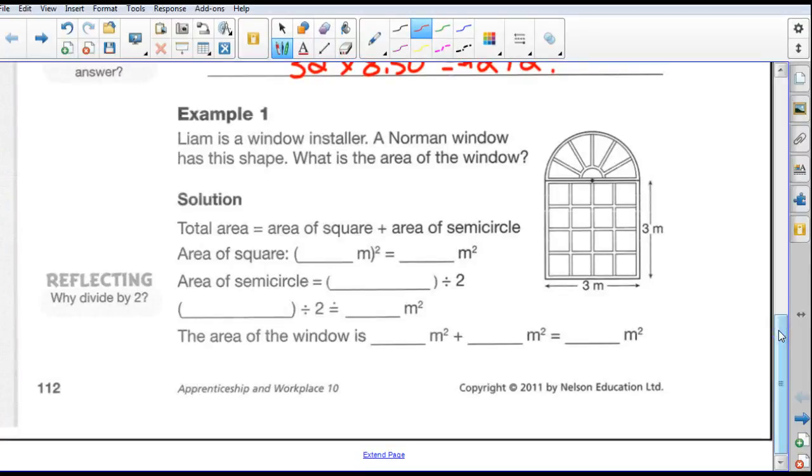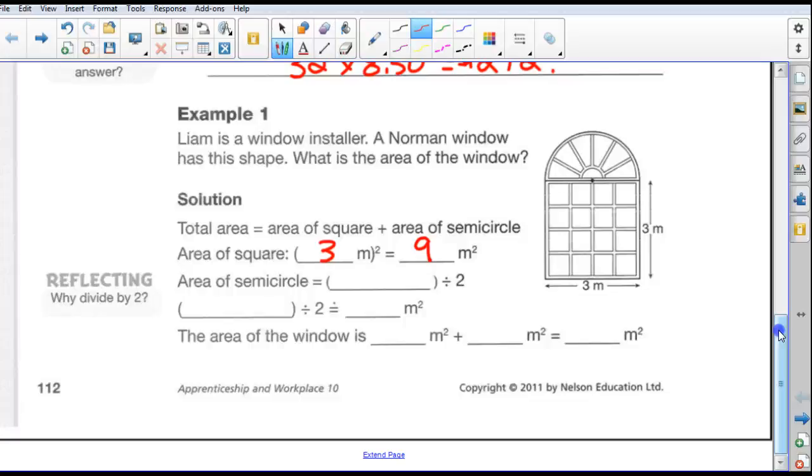Well, the area of a square is just one dimension squared, so it's 3 meters squared, okay, which is 3 times 3 is 9 square meters. The area of a semicircle, that's just equal to the area of an entire circle divided by 2, because a semicircle means it's half a circle.